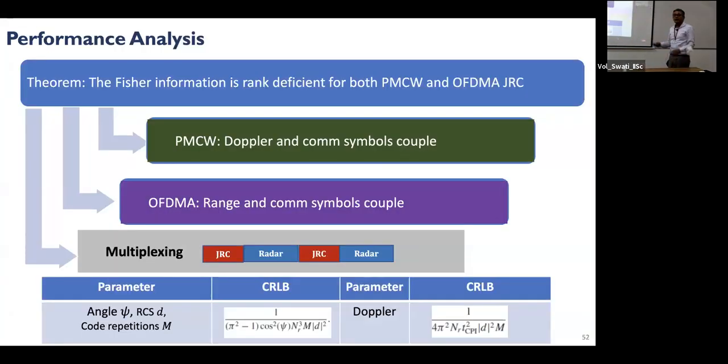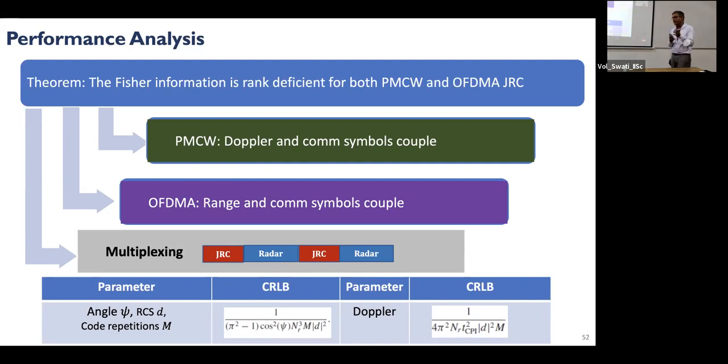Okay, so now if I want to look at a Fisher information matrix, at the receiver, it has to estimate range, Doppler, and the communication symbol, if we can forget the angle.